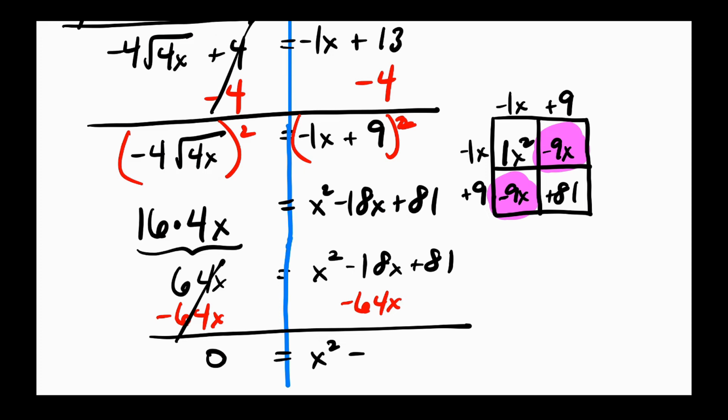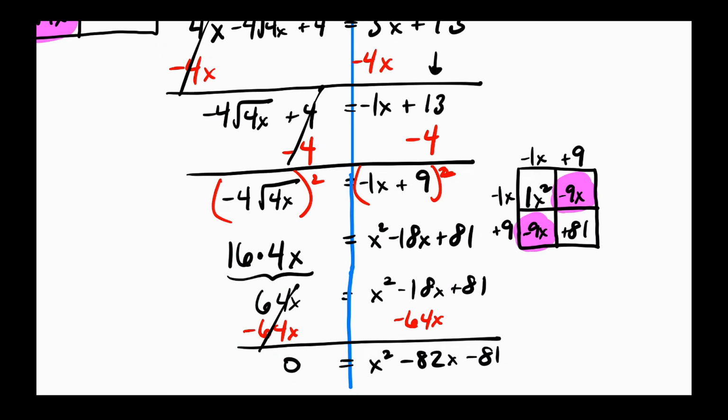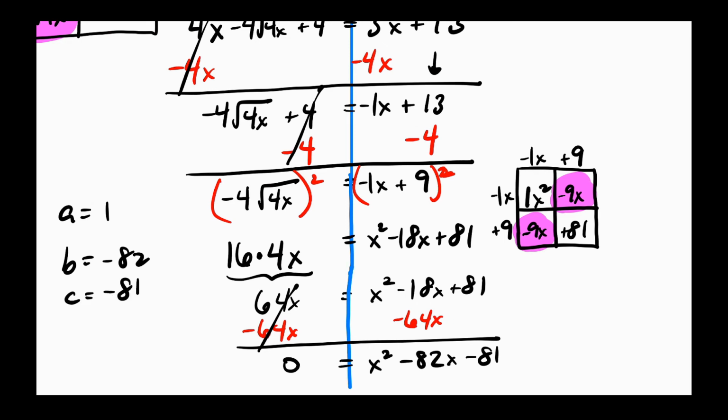Negative 18 minus, I think it's 82. Now we can do ABC. So we got A equals 1, B equals negative 82, C equals positive 81, sorry.